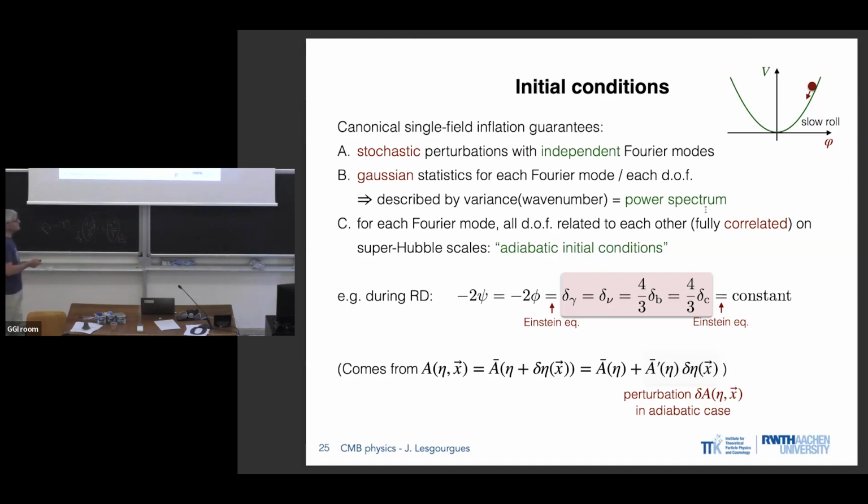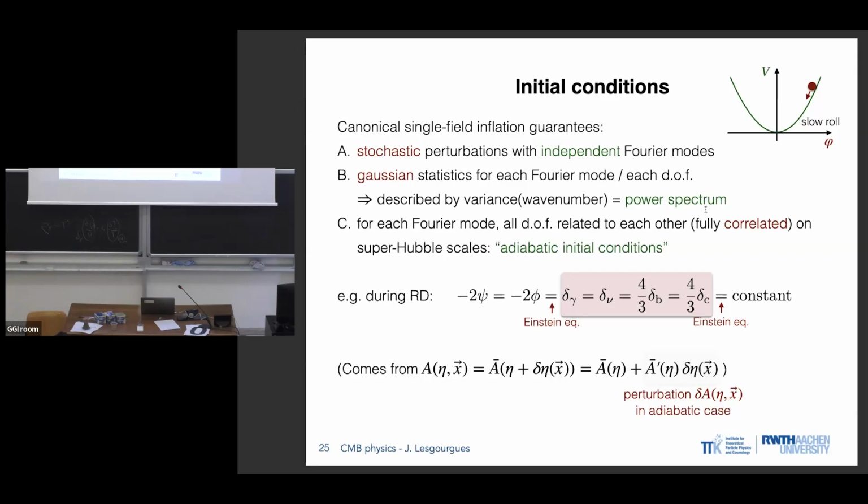And especially if we have canonical single field inflation in the early universe, then there are some things which are pretty clear. If you go beyond this scheme, it will be a bit more complicated, but we wouldn't know how to handle it anyway.